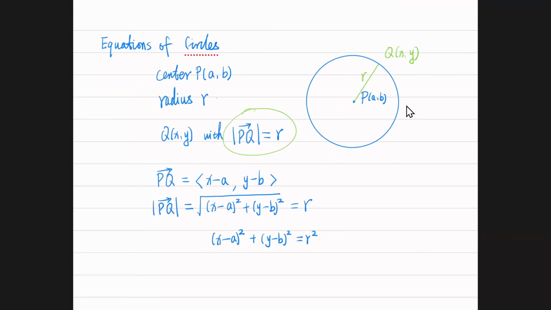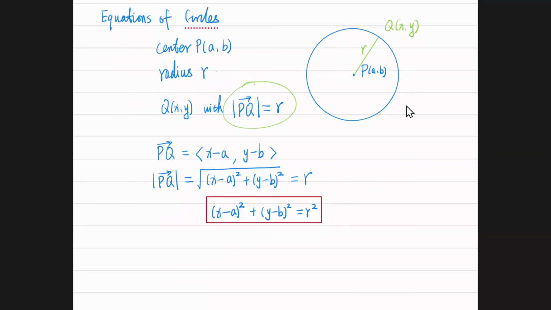Okay, so this is the equation of a circle. From this equation, we can write the center with a and b. Keep in mind, it's a difference because it's the displacement. Wait, why does x minus a squared plus y minus b squared equal r?